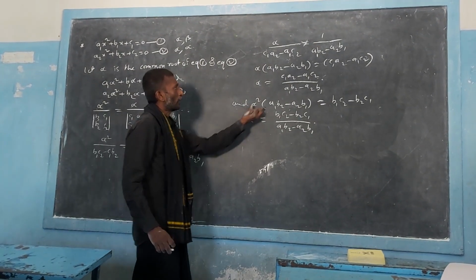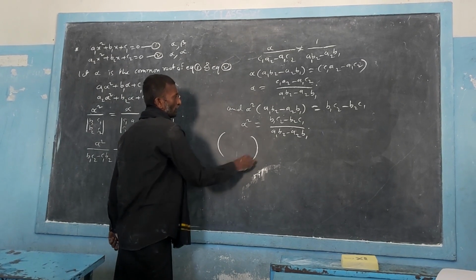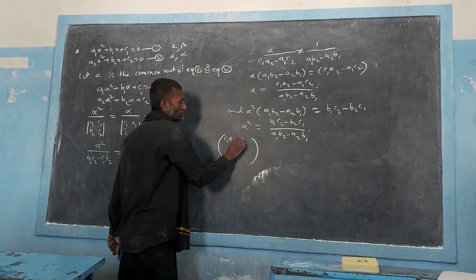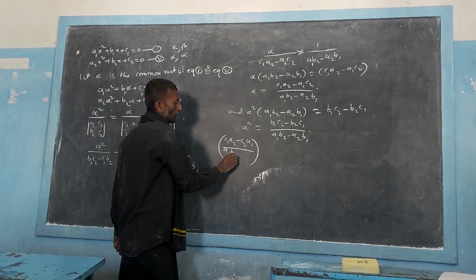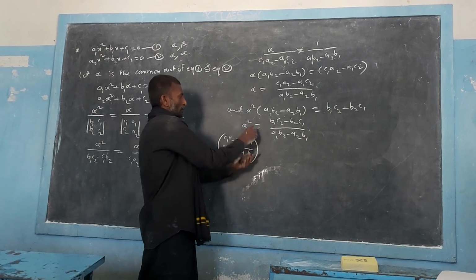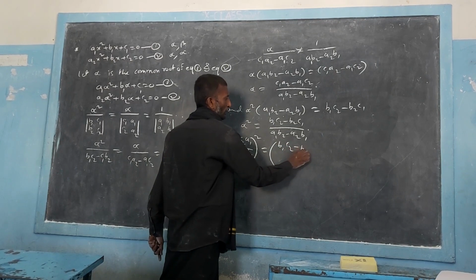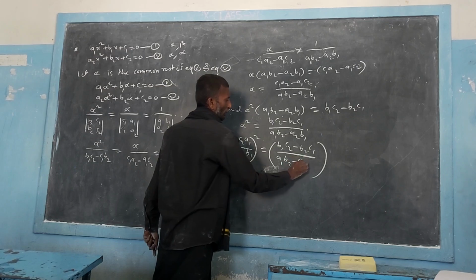Now where there is alpha, I am writing this here, substituting the alpha value. Then we can write in the place of alpha this thing, C1 A2 minus C2 A1 by A1 B2 minus A2 B1, squared, equal on this side to B1 C2 minus B2 C1 by A1 B2 minus A2 B1.